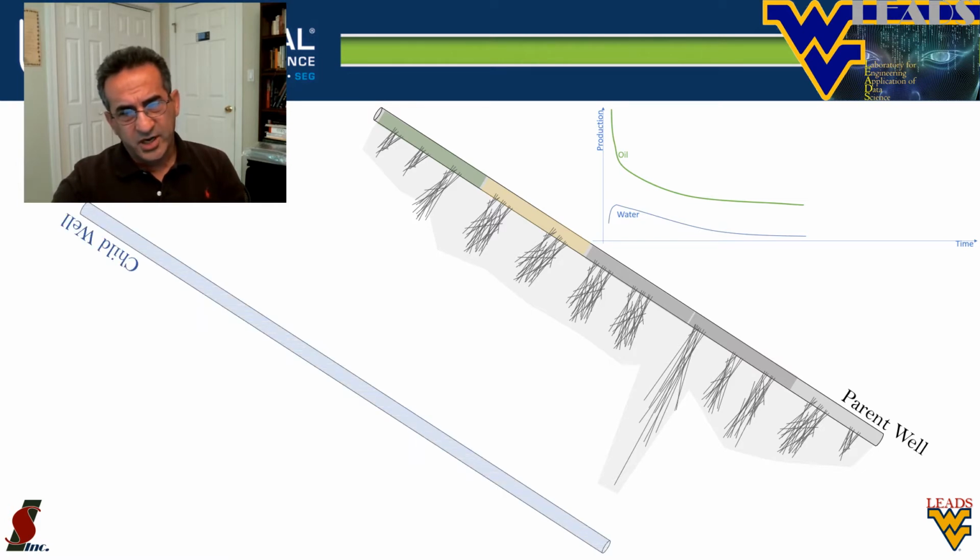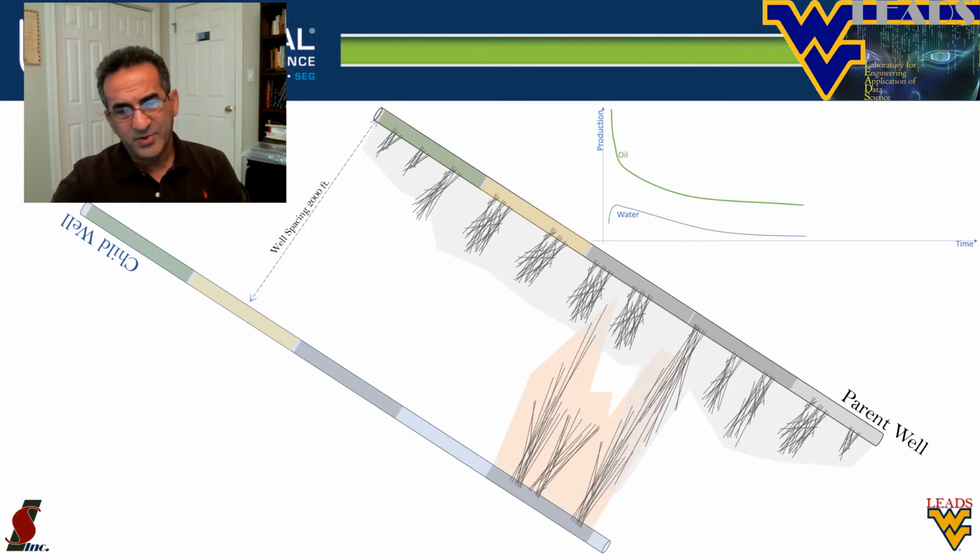And then you look at the child well, and there's a distance between them. It's called well spacing, and the child well is also hydraulically fractured at different stages while the parent well was already producing.